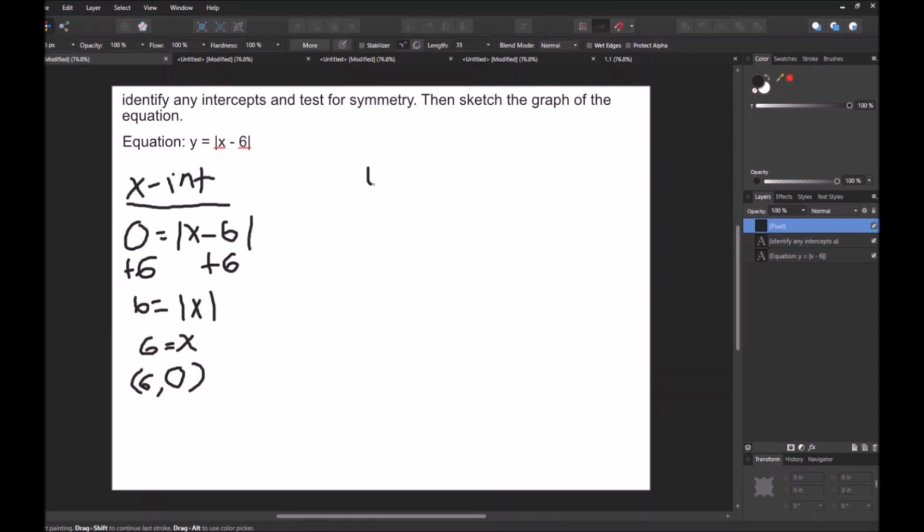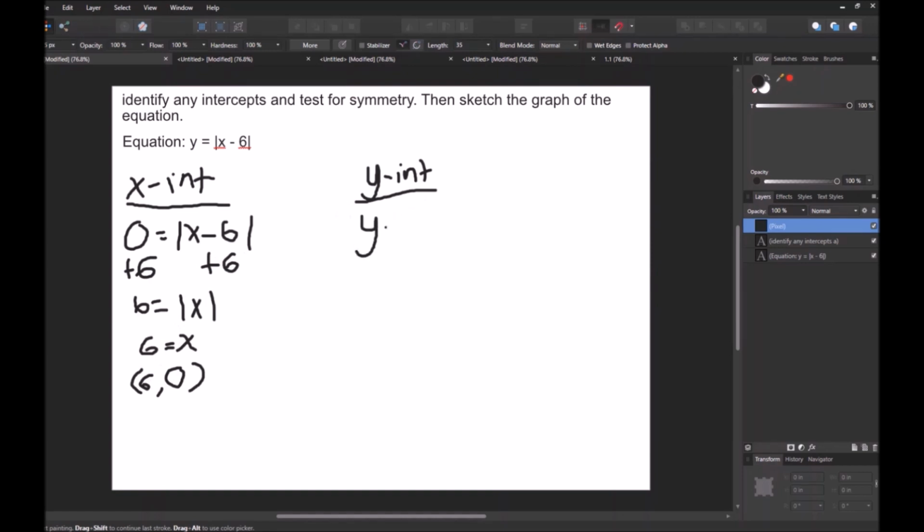Now for our y-intercept, which I'm just going to write as y-int, we're going to plug in 0 for x, because the y-intercept is the ordered pair on the graph where it's 0 for x and a number for y, and that number will change depending on the different equations you're given.